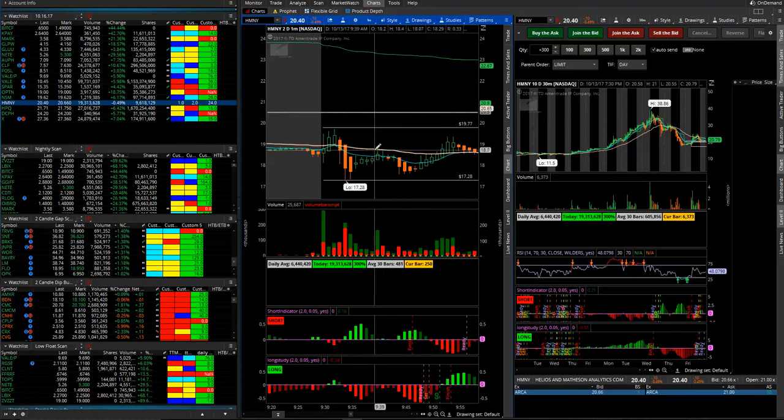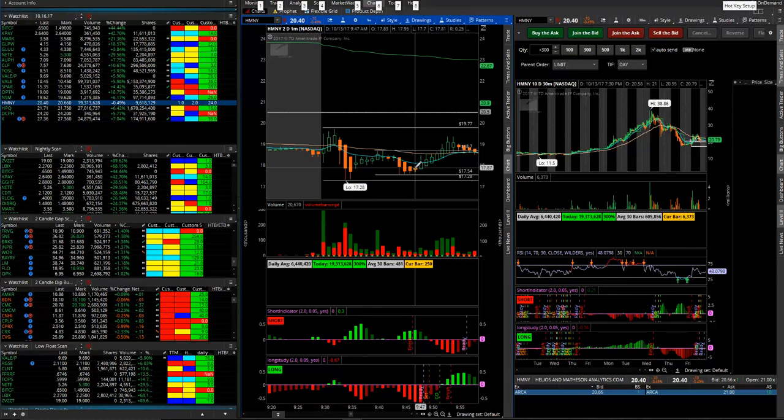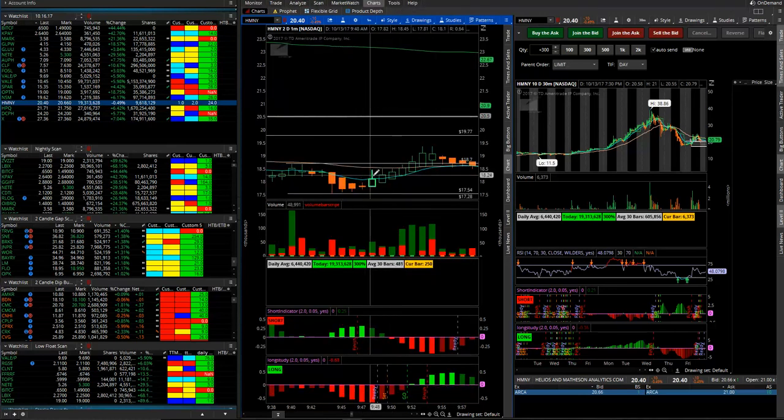So I watched it again. It came back down. Didn't get as low as this, but I said, okay, here's the new support level. And I'm seeing it tap, tap, tap. And when I see this doji, that usually means that a reversal is coming. I saw the volume coming in. And again, I took this long over the break of 18. 1,000 shares.